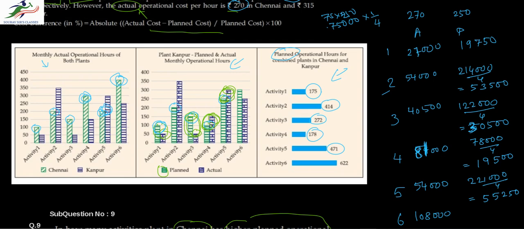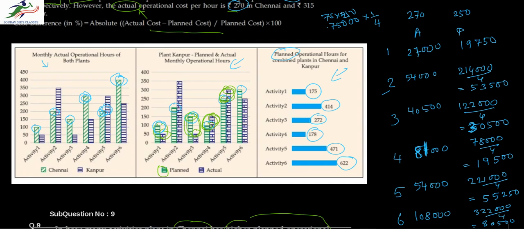And the last one would be 622 minus 300, which is 322. So this is 322,000 by 4, which is equal to 80500. So these are the values.